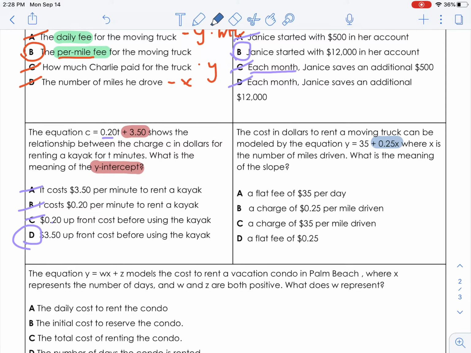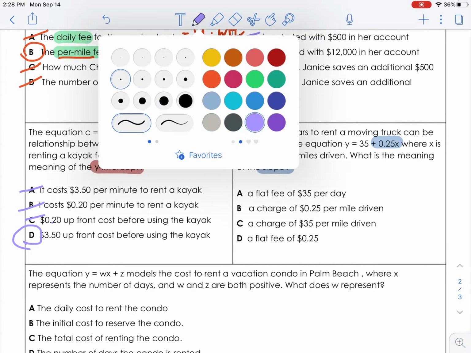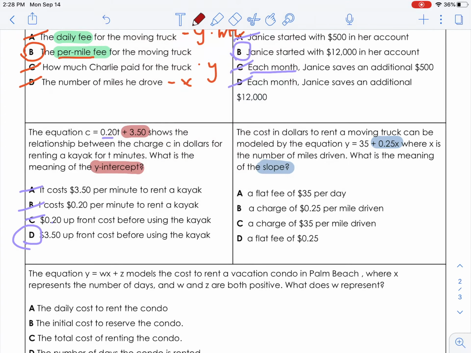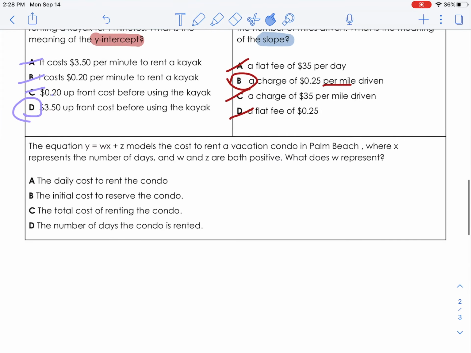So the slope is 0.25. The slope we know for sure is just 25 cents. So we're going to get rid of anything that says $35. Then we're looking for keywords. Per mile, that means slope. A flat fee, that means y-intercept. So B is our best answer.